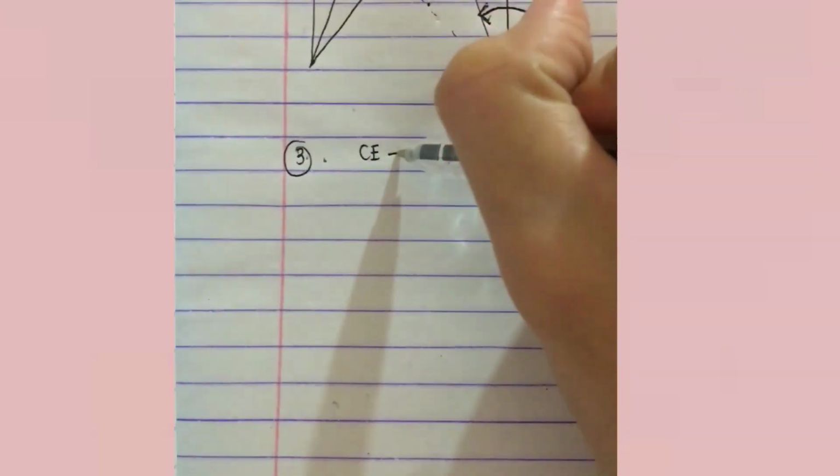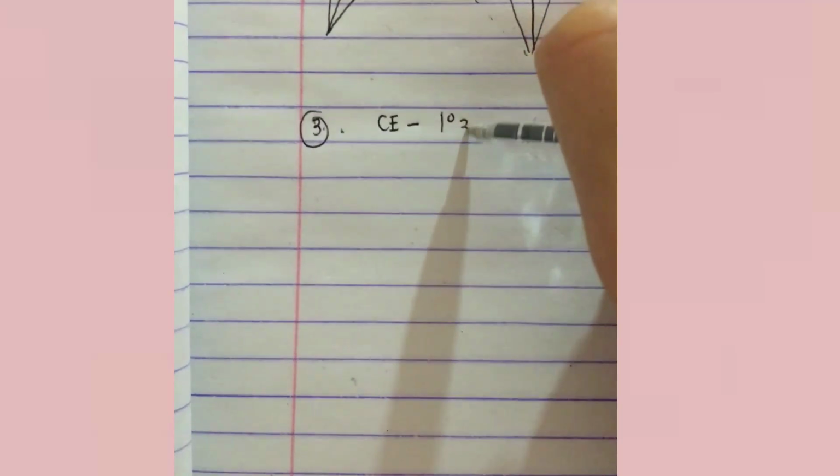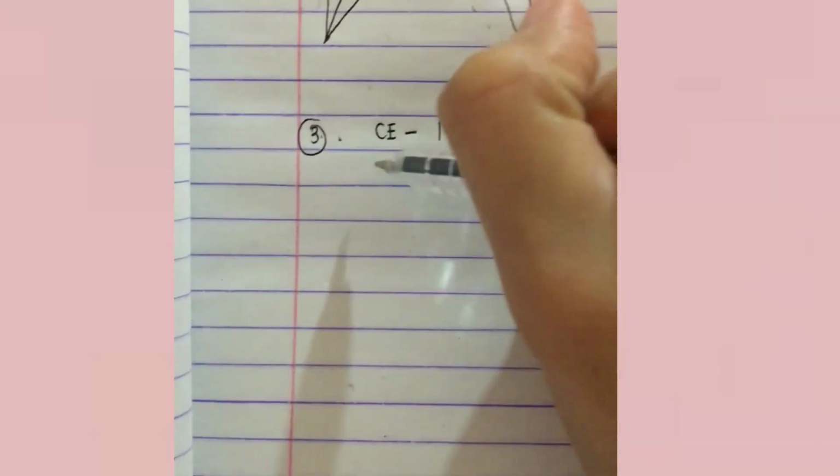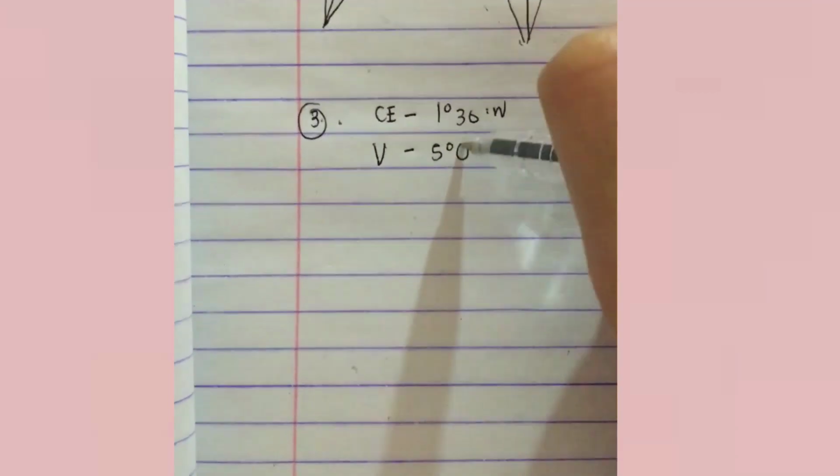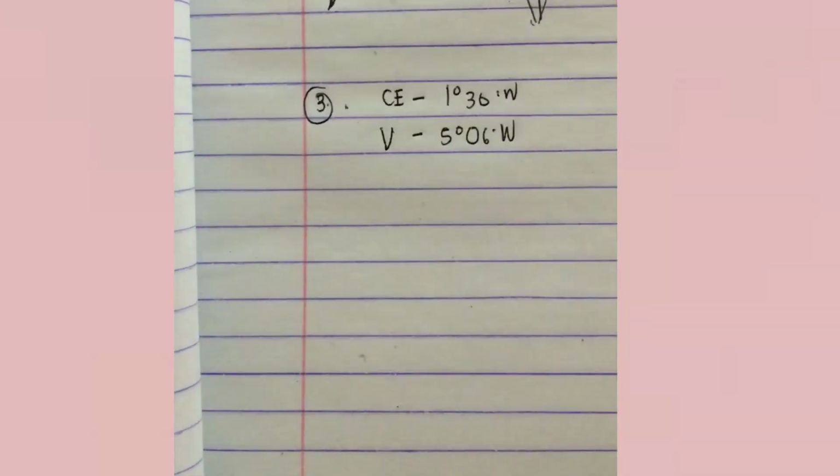So the third example is, what if deviation is missing? For example, we have our compass error 1 degree and 30 minutes west, and our variation is 5 degrees and 06 minutes west.